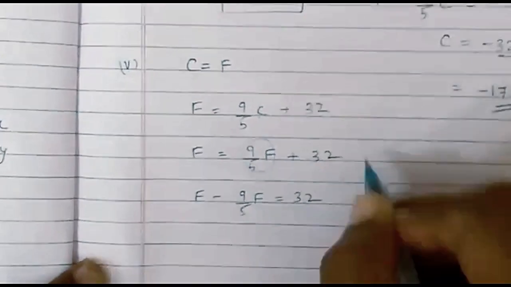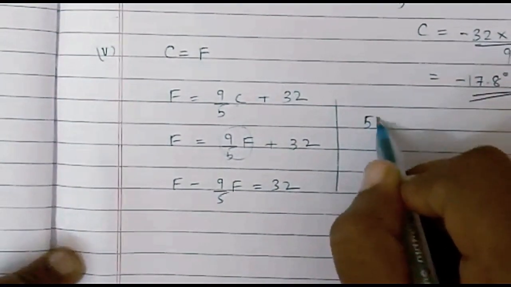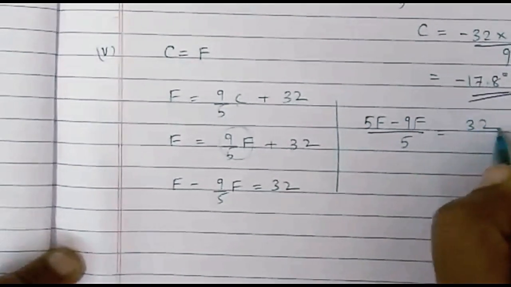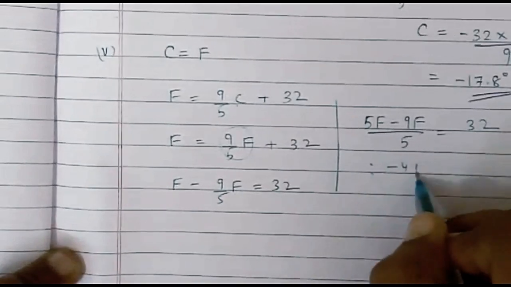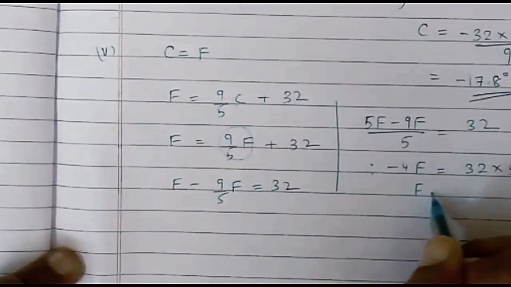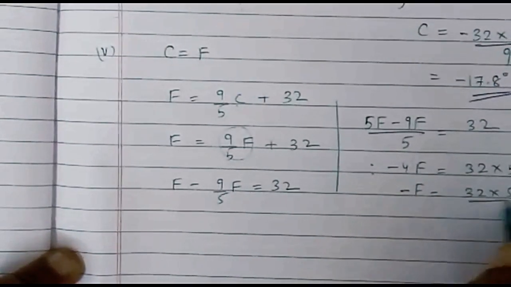equal to 32. So finally, after taking LCM, this will become (5F minus 9F) whole by 5 is equal to 32, so minus 4F is equal to 32 into 5. Minus F is equal to 32 into 5 by 4.